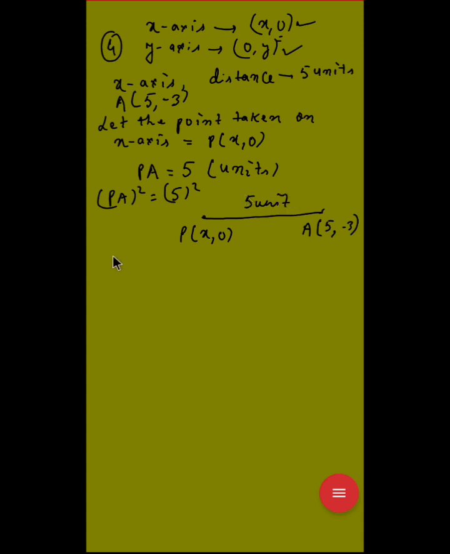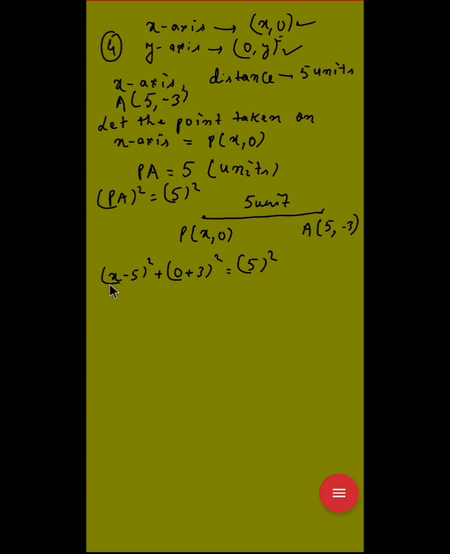Now PA, so we use the distance formula: (x2 minus x1) whole square plus (y2 minus y1) whole square. So here I have written (x minus 5) whole square plus (0 minus, again a minus operator over here, so this minus and this minus will become plus) 0 plus 3 whole square is equal to 5 whole square.